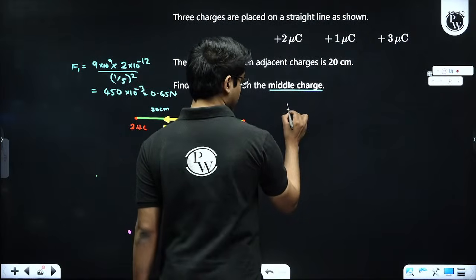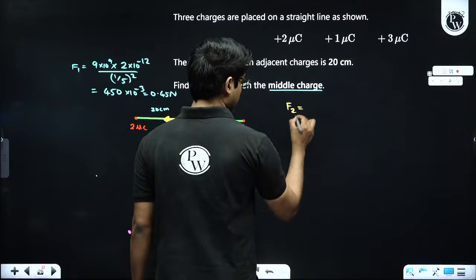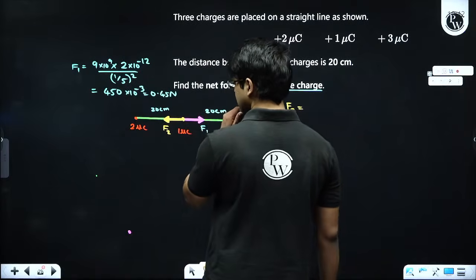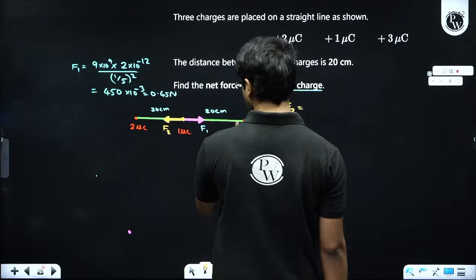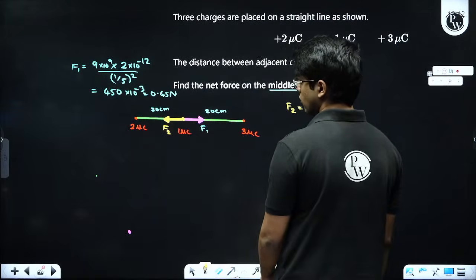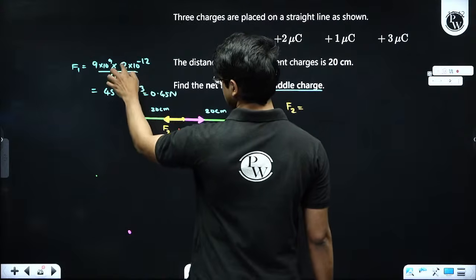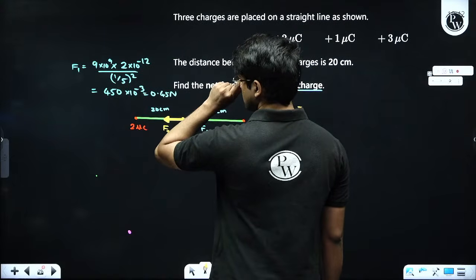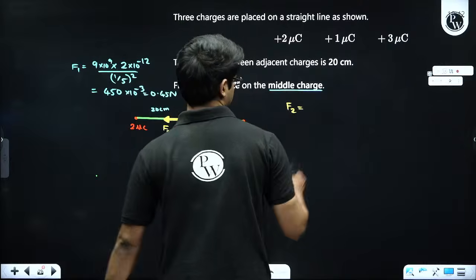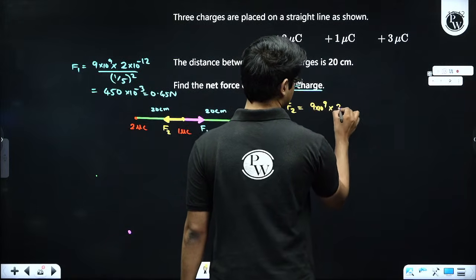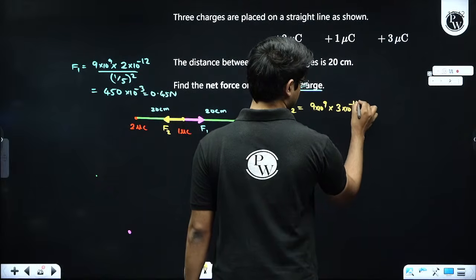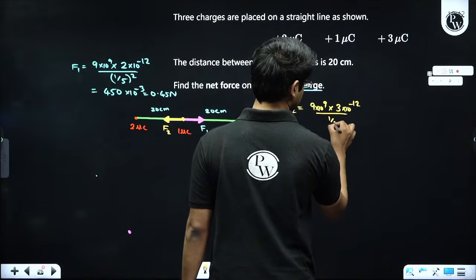So what will F2 be? F2 will be basically the only difference is instead of 2 here, if you do Q1, Q2, it will be 3, right? That's the only difference. So 9 into 10 raised to 9 into 3 into 10 raised to minus 12 divided by 1 by 5 square.